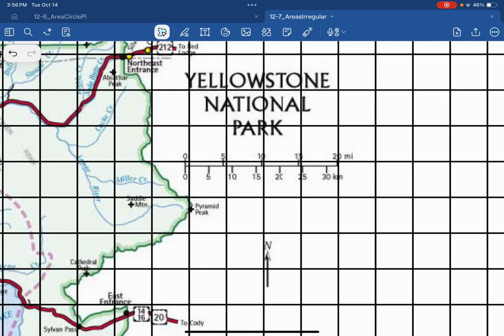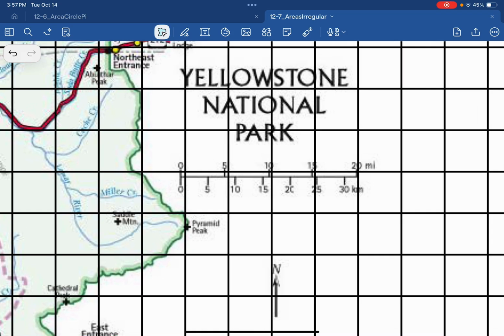If you take a look here at the mile scale, it just so happens that the things are pretty nicely laid out here. You can see that 20 miles is just over 4 grid squares, so 4 units. So you're going to want to use that in your conversion.